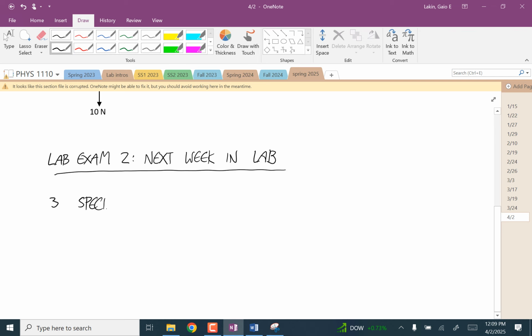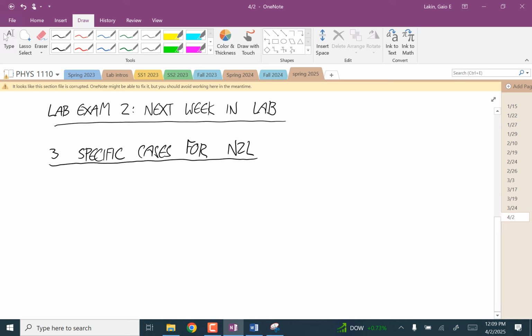It's not that you couldn't think through these 3 cases with the regular stuff, but it would take some time, and these turn out to be pretty efficient ways to approach these kinds of problems. So the first one is collections of bodies with the same acceleration, and we talked about that last time.